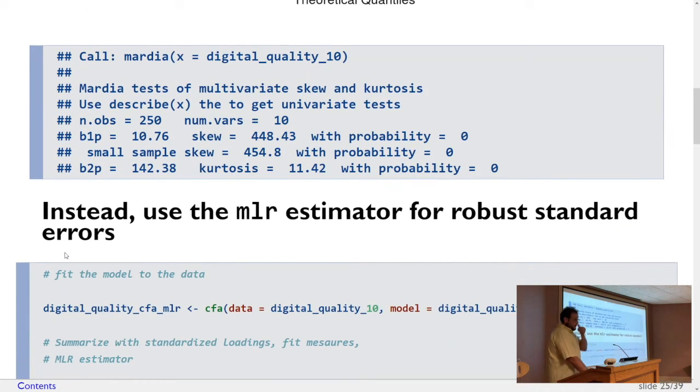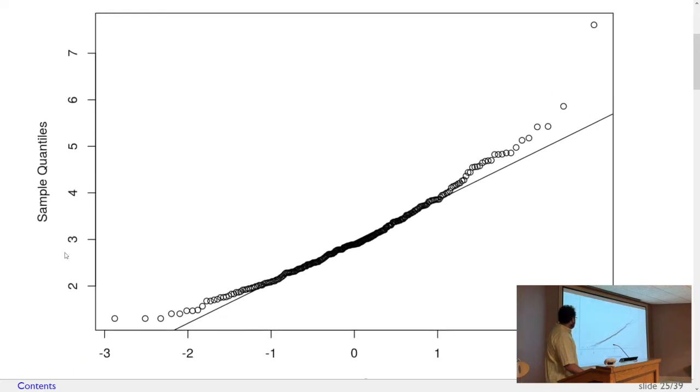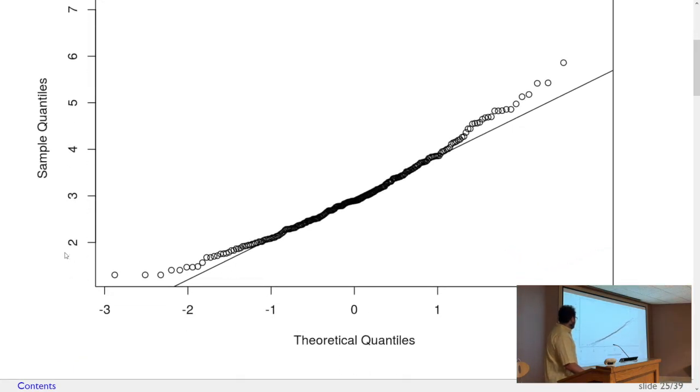What you want to do in that case, you can use other estimators. Yes. Sorry, every time we go into that, so you have a Likert scale. All your data is 1 to 5, right? Yeah. And you have a bunch of columns. So do you make a plot per column, or are you somehow summarizing all of this data for a multivariate normality test? Yeah. How many rows do you have?